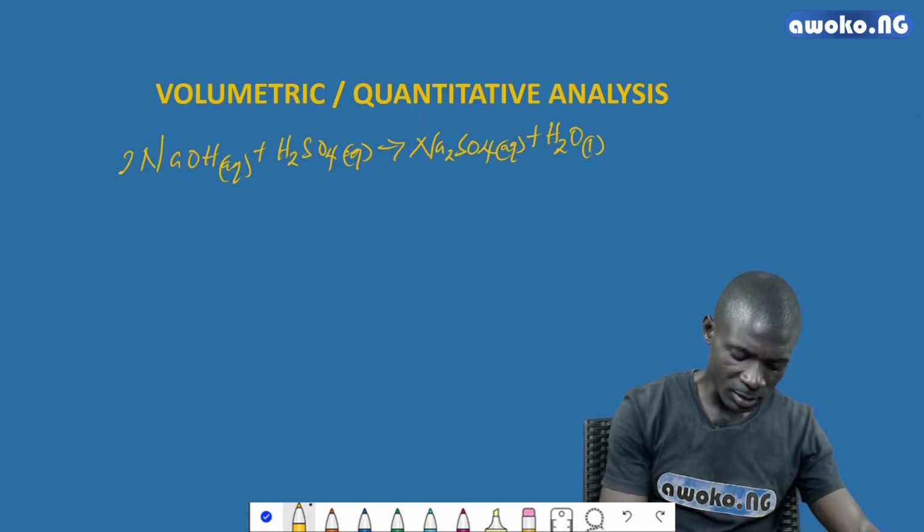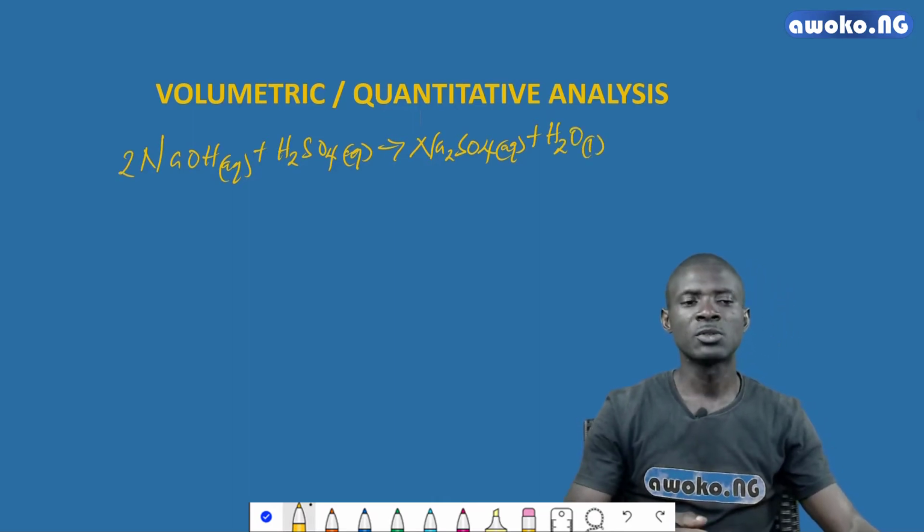So this is a common example of an equation to represent a neutralization reaction.